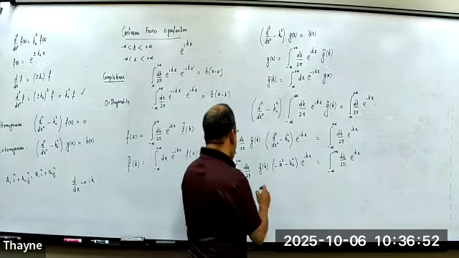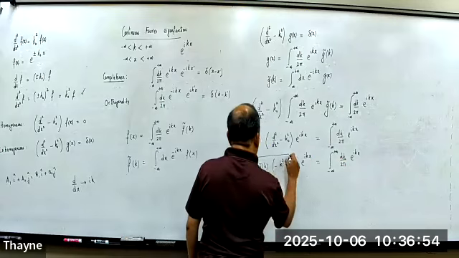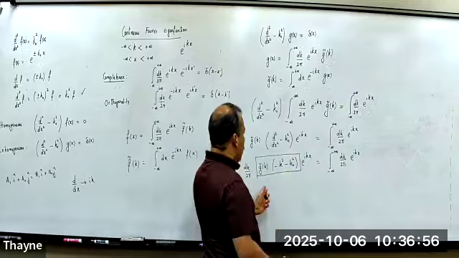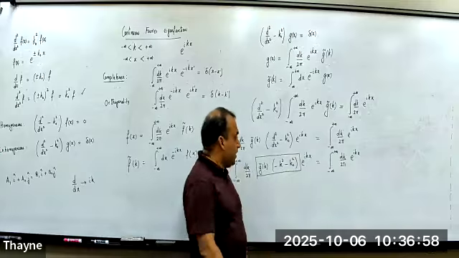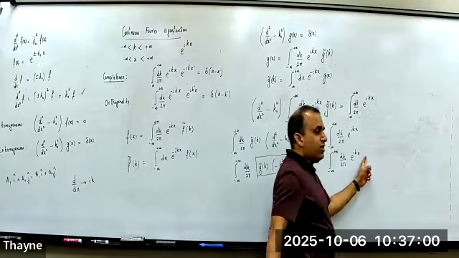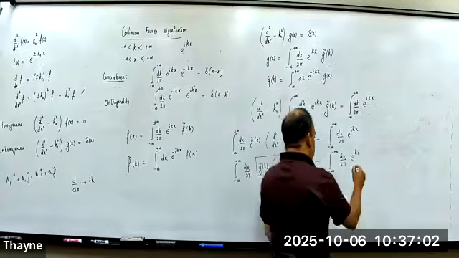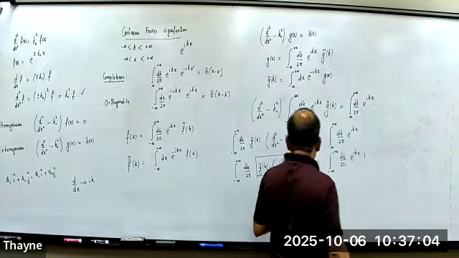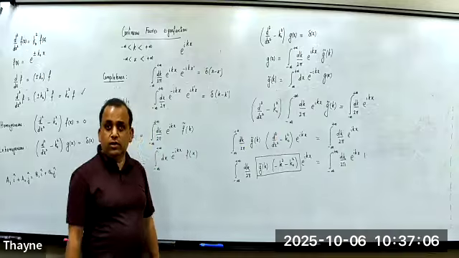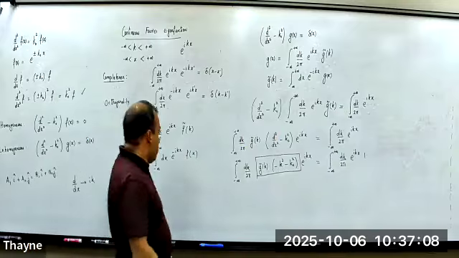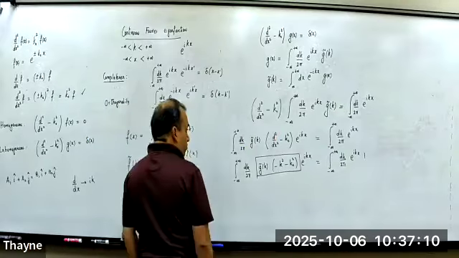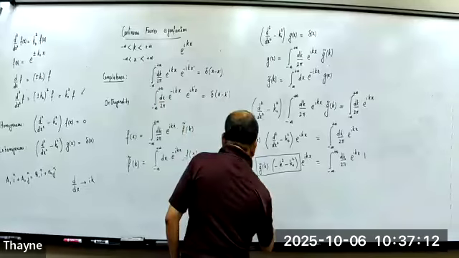Whatever is sitting here, that's a component. That has to equal what is the component in here? 1, right? Very good. So this has to equal 1. That's because this is an infinite dimensional vector.